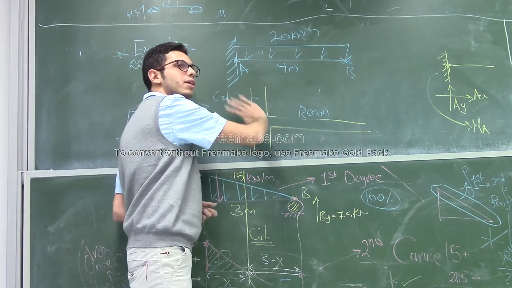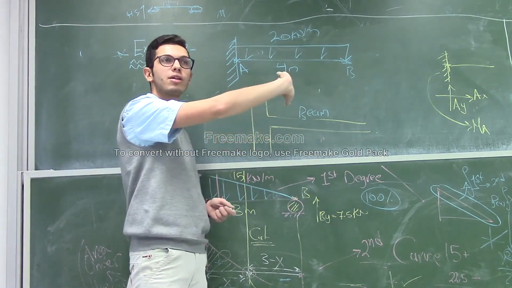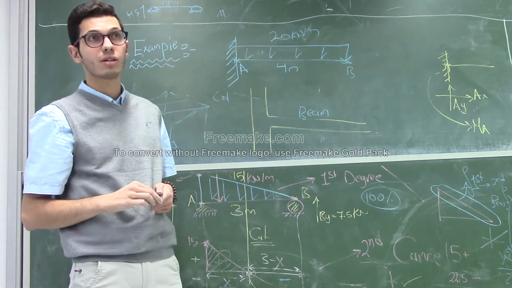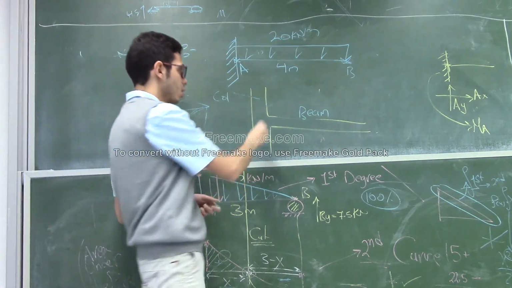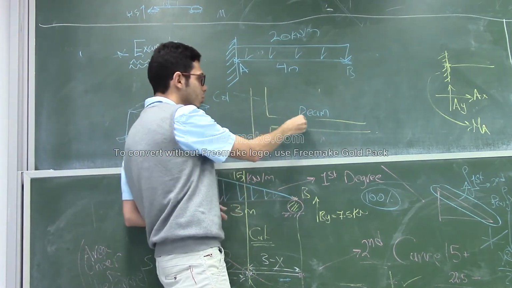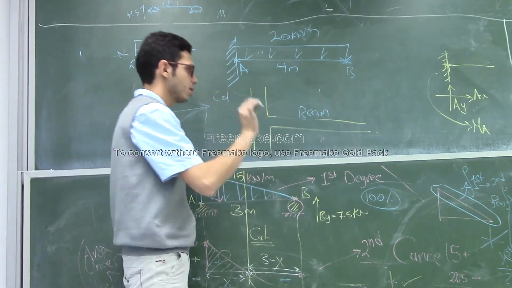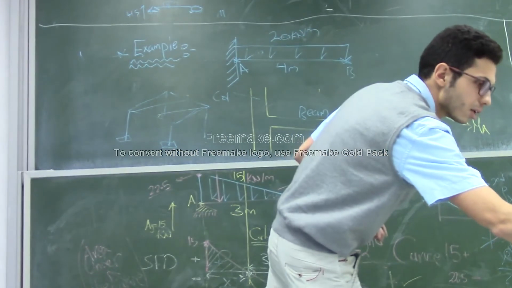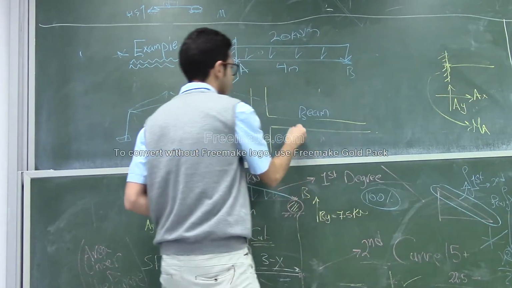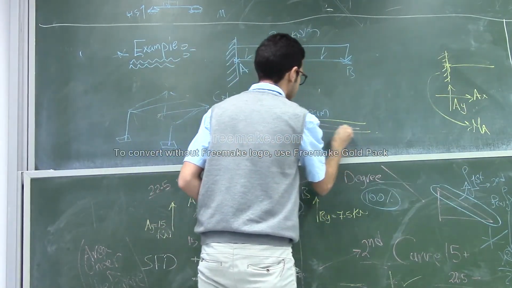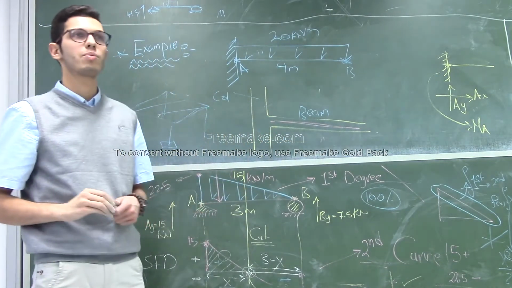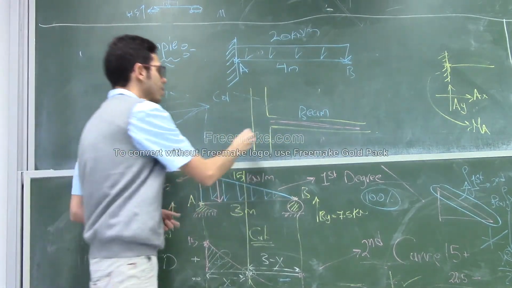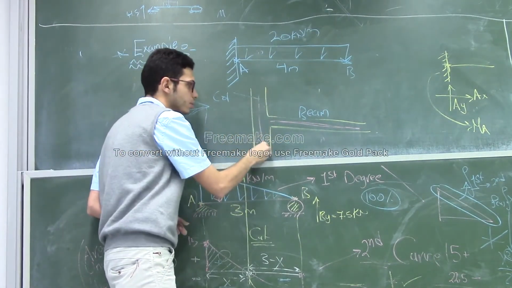To connect the beam with the column, you need a steel connection. This is the concrete connection, but you need to put steel. So let's imagine this is the steel here in the beam, and this is the steel for this column.